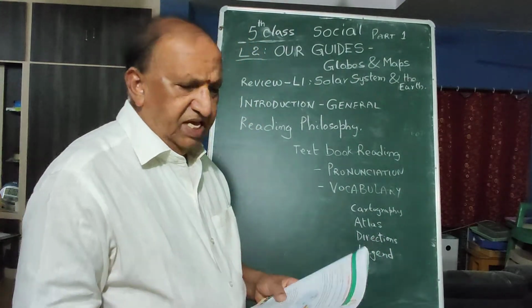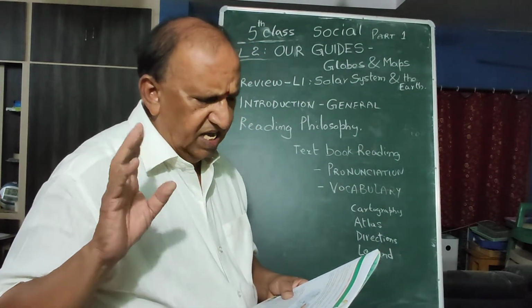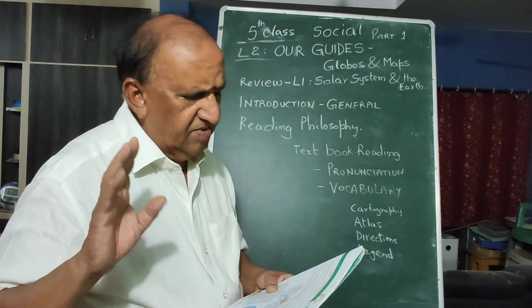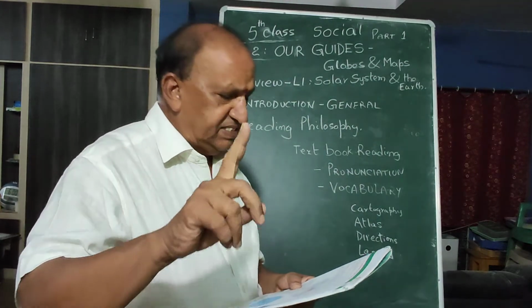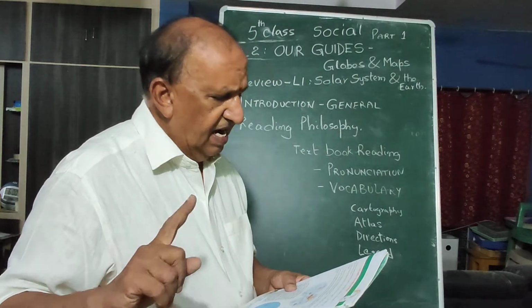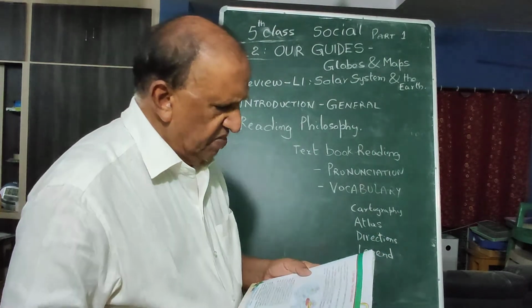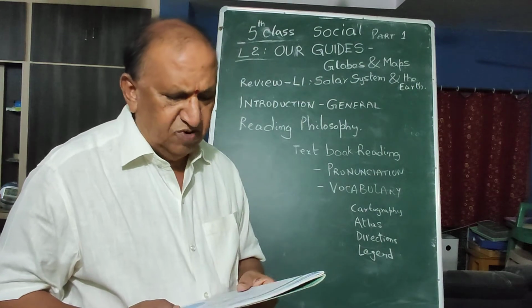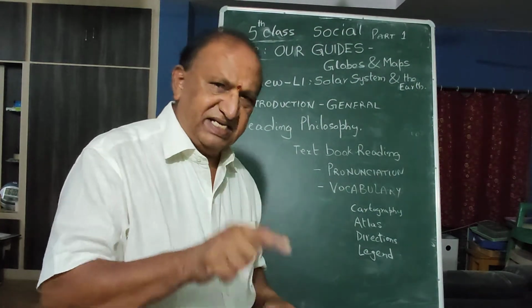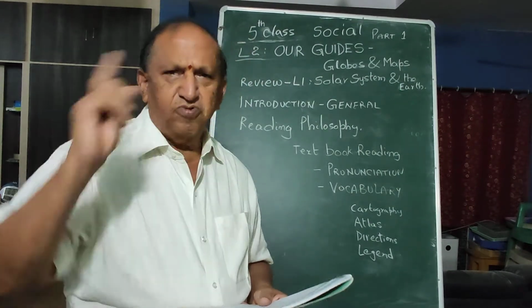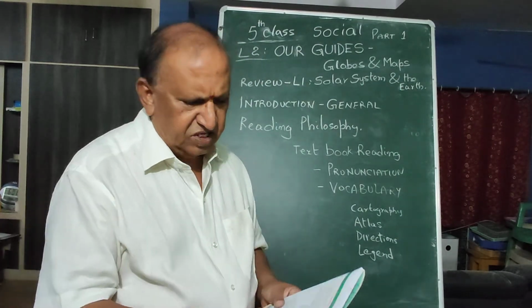So, see, the whole earth is made of 71% water and 29% land. There are 2 things by which we can study the earth. One is the globe. The other one is the map. That's what is here.